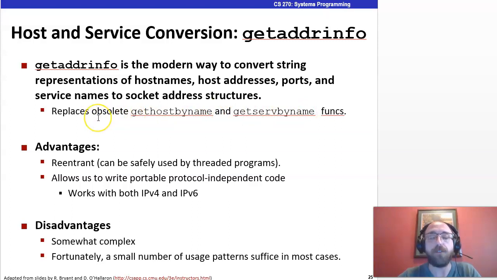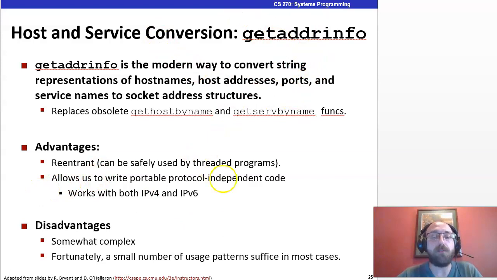So those are obsolete. We typically wouldn't use them anymore. One nice thing about getaddrinfo is that it's protocol independent. If this particular server has an IPv6 address rather than an IPv4 address, then this will set up an IPv6 address. We can even specify which of those we want if we have a server that supports both.